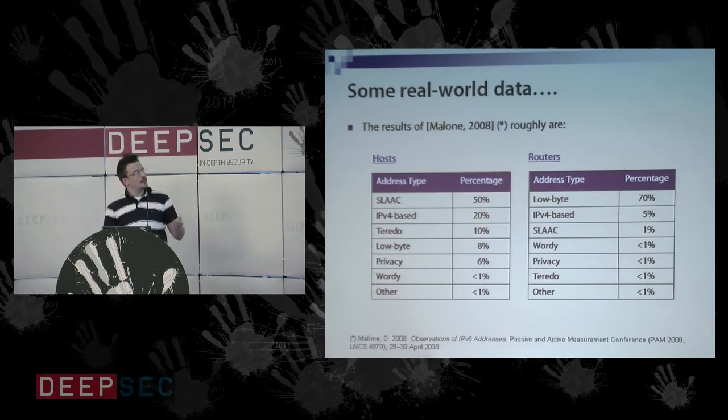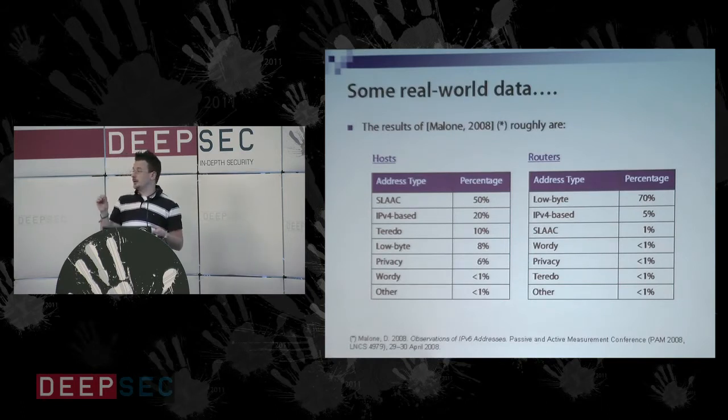Now, when it comes to addresses that are employed by routers, the numbers change quite a bit. 70% of the addresses are low byte addresses, which means that the interface ID is all zeros except for the last byte. And the reason for that is obviously that in the case of routers, you usually configure the addresses by hand. So you're not going to select a random number, but you basically select an interface ID or an address that is easy to remember. So 70% of the addresses are low byte. Then you have 5% of addresses that are IPv4 based, which means that they include an IPv4 address in the IPv6 address.